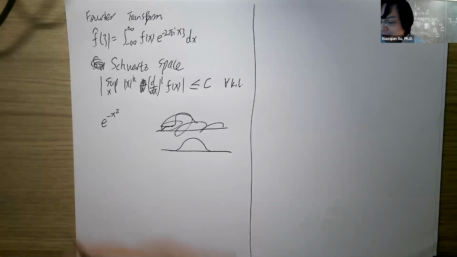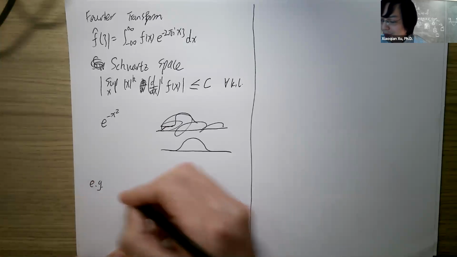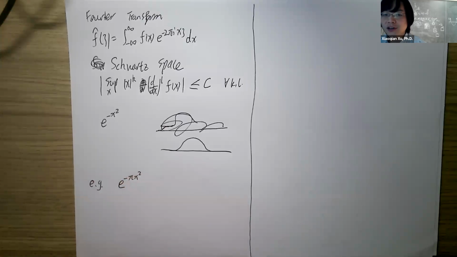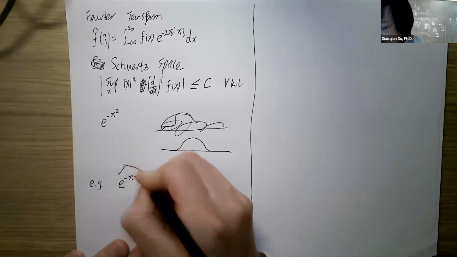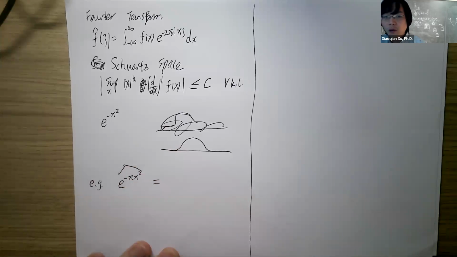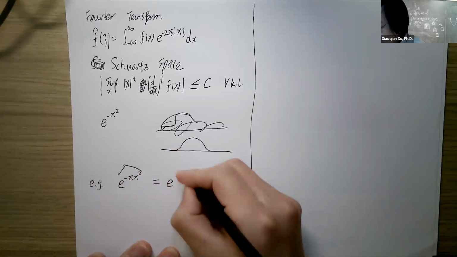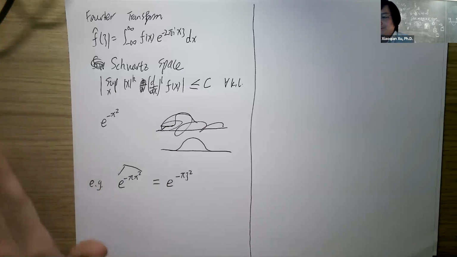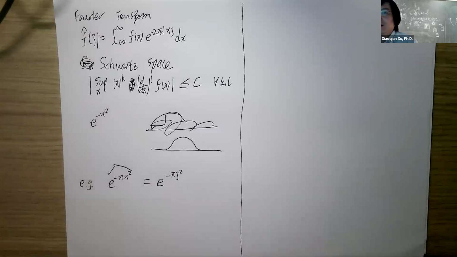And then, as an example, we showed that if you take the Fourier transform of this Gaussian, what you get is itself, this Gaussian. So at least for this one example, we are able to find the Fourier transform. But this is only a start.